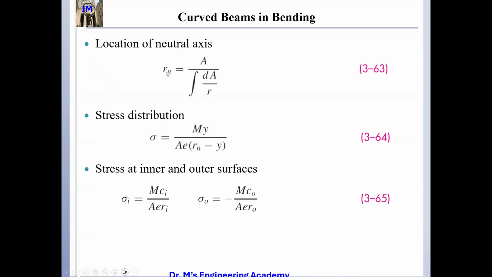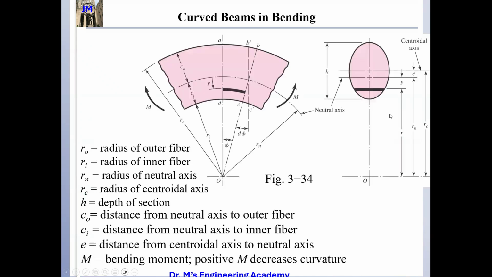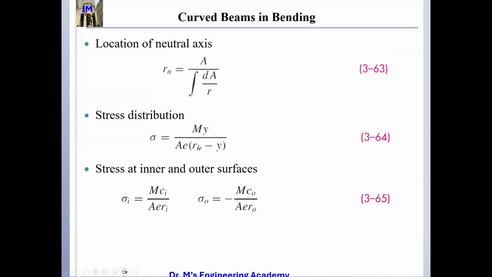After you get this rn, you can do the stress distribution using this equation. M is the applied bending moment, and y is the distance between the point and the neutral axis. Before you know y, you need to locate rn first.